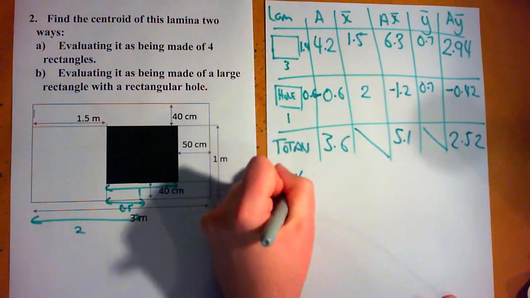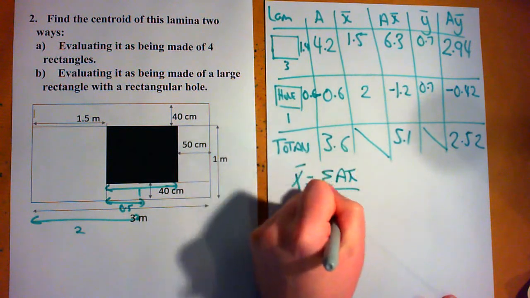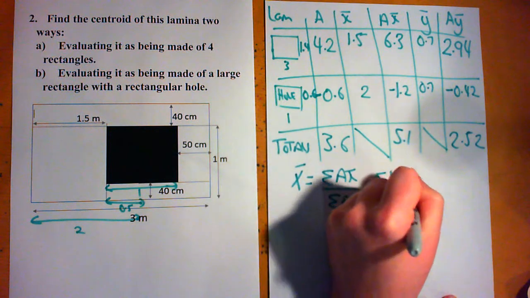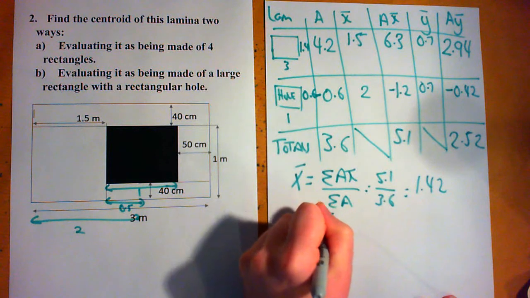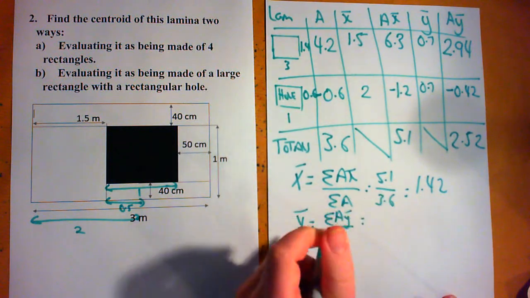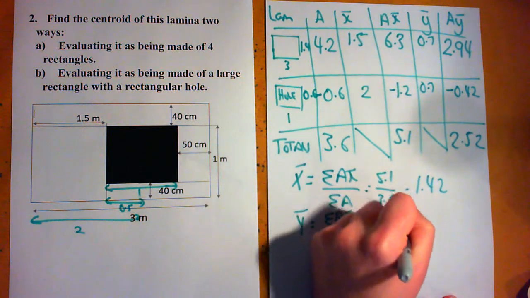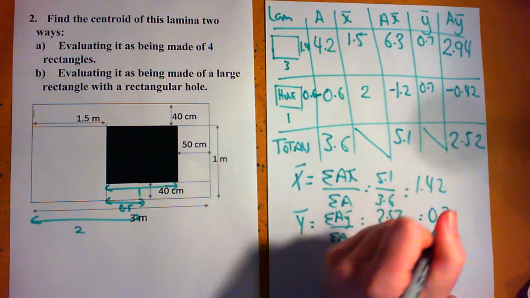Okay, so your x bar is sum of the A x bars divided by sum of the areas, which is 5.1 divided by 3.6, giving you 1.42, and sum of your A y bars over sum of your areas is going to be your overall y bar, which is 2.52 divided by 3.6, giving you 0.7.